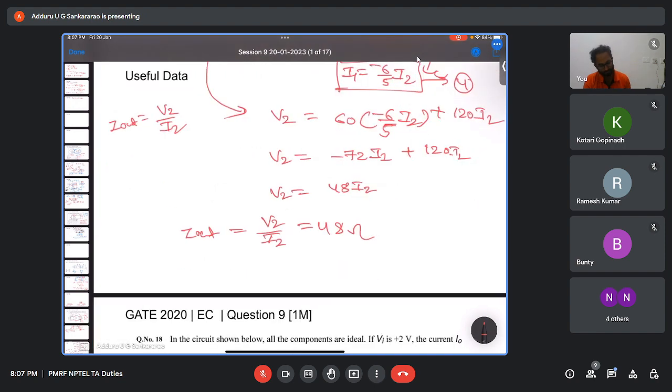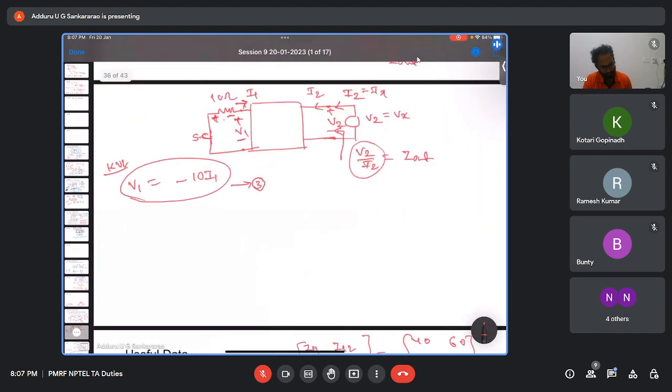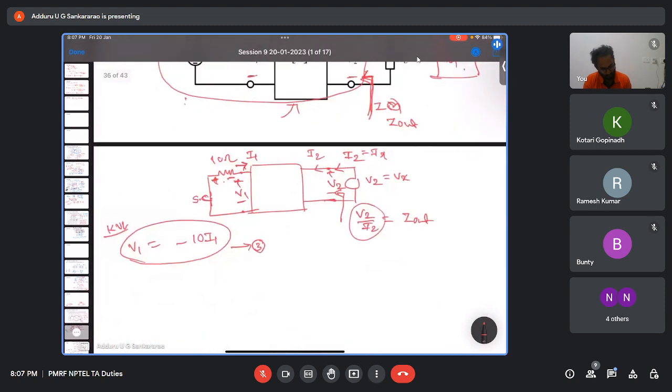That means output resistance. That means this entire circuit I can replace with some ZTH, that we got now as 48, with some VTH that I did not find out.